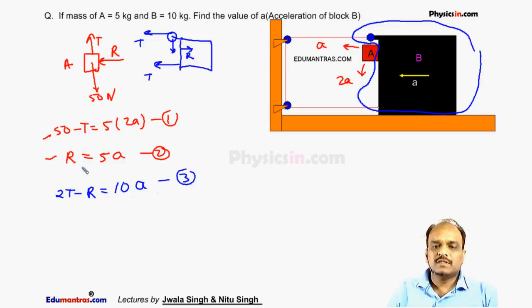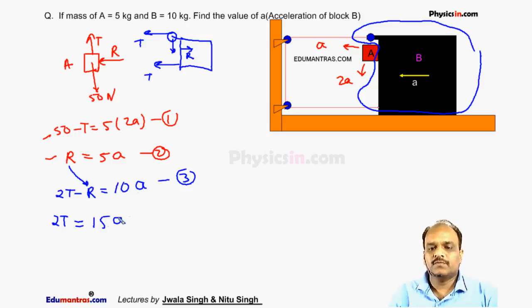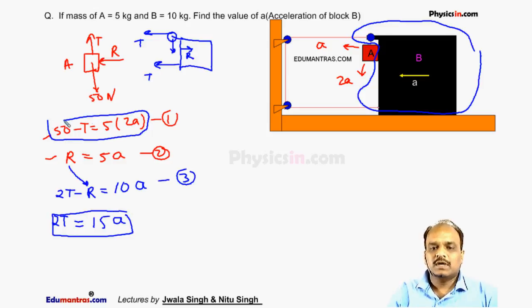From these relations there are three unknowns: T, R and A. So from the first, second and third, I can say 2T minus R, where R is 5A, is equal to 10A. I will substitute the value of R here. So I get 2T equal to 15A. This is one more equation. Now from the first equation and this equation, I will substitute the value of T here.